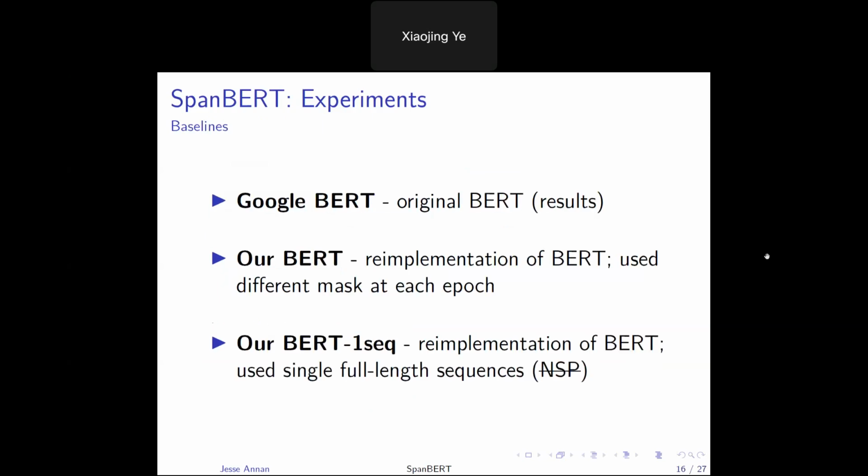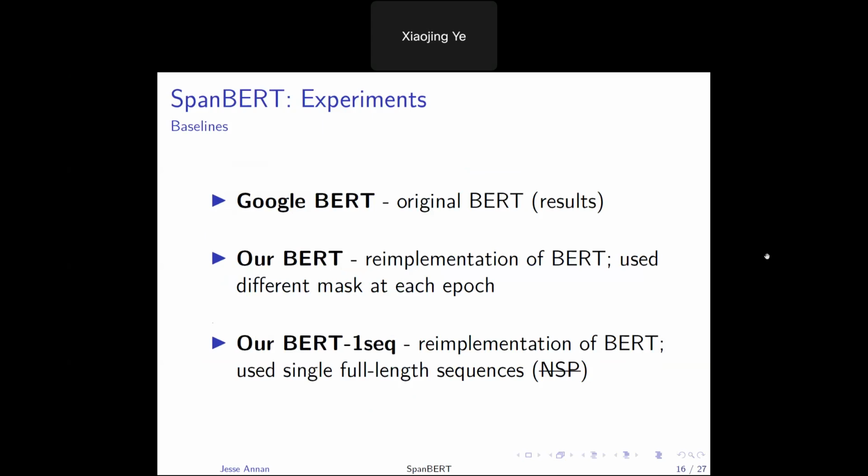These are the baselines SpanBERT tries to compare its novel idea against. So they use the vanilla BERT and they re-implemented BERT. So what they did was, like I said, they use a different mask at each epoch. BERT actually uses 10 masks at each epoch, and they also removed all short sequences.